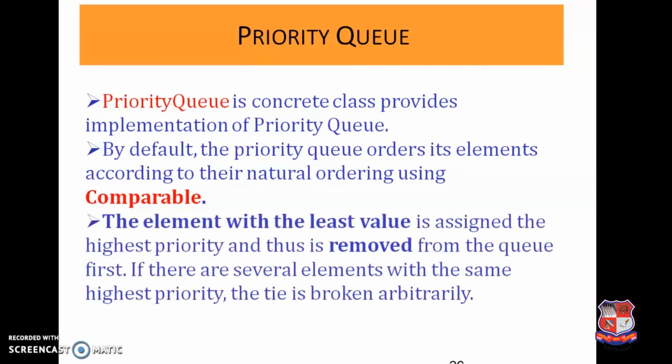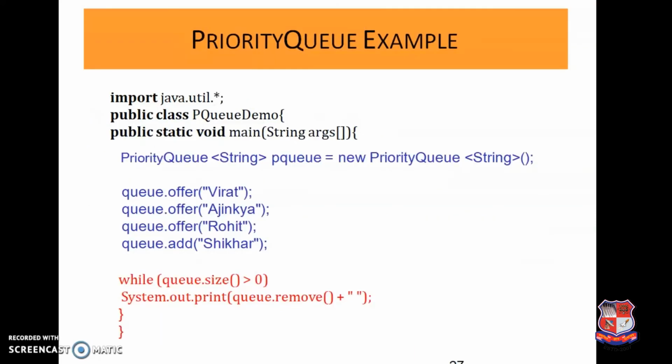With the Comparable interface, we can compare two objects. The element with the least value is assigned the highest priority, and it will be removed from the queue first. And if elements have the same priority, then the tie will be broken arbitrarily.